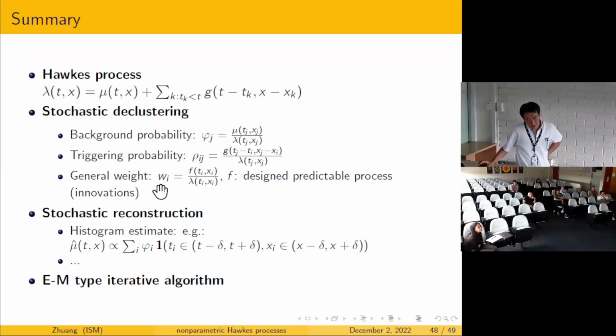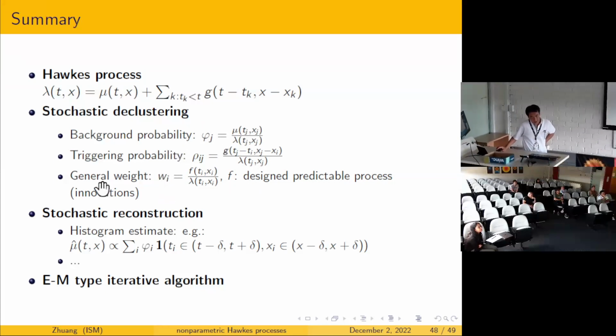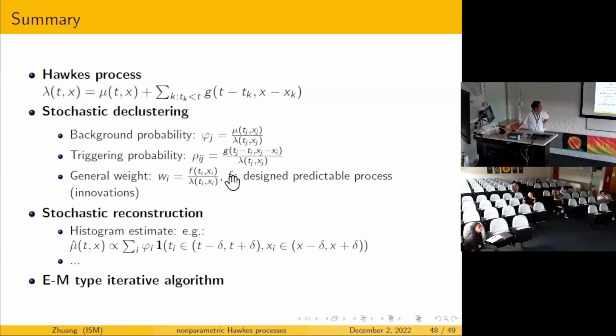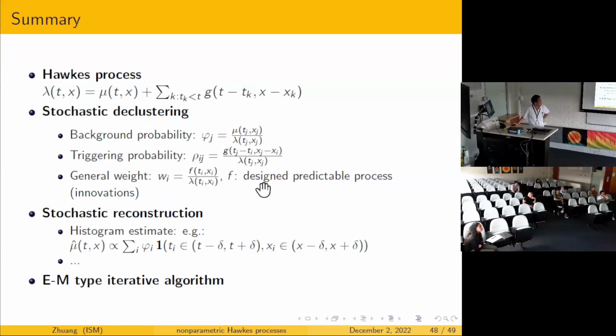And when the model is getting complicated, we design those kind of general weights. And F is here with the designed predictable process, which is called innovation. And also we use the stochastic clustering part to use histogram estimate to estimate each component in the model.